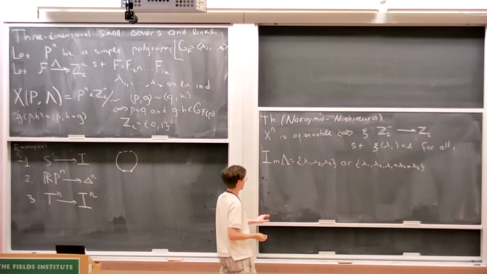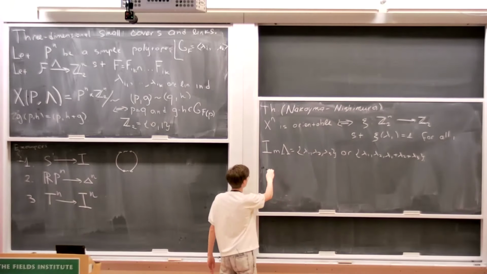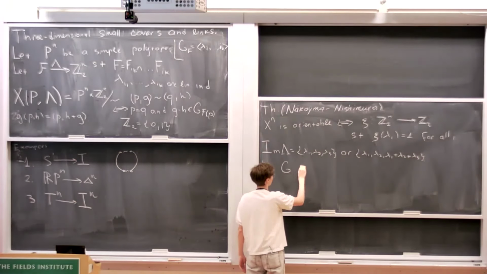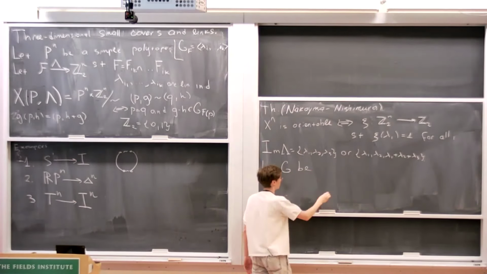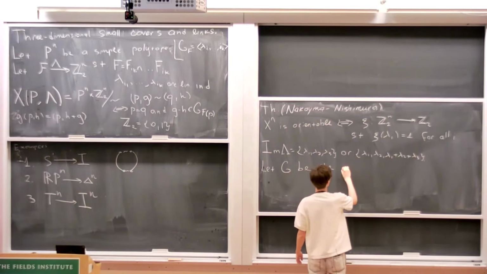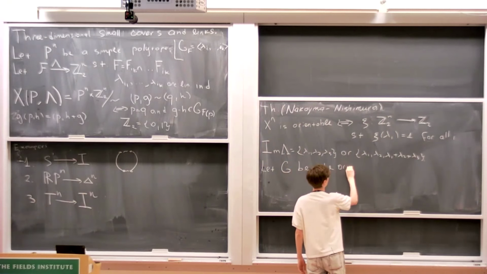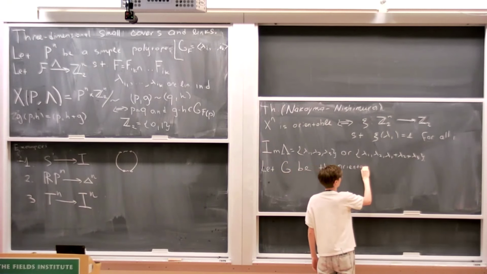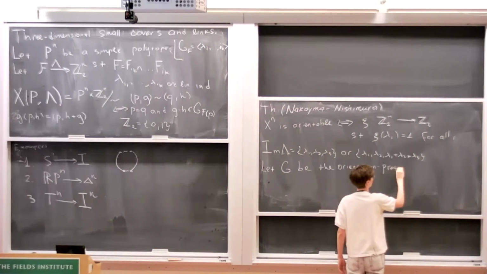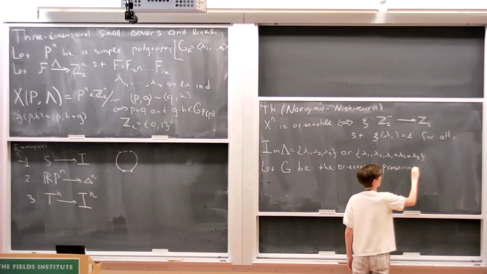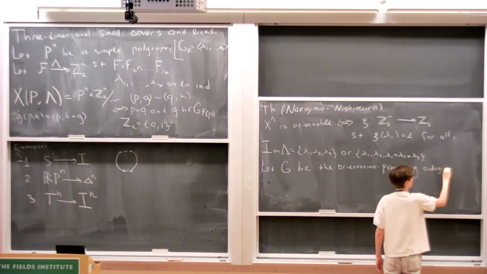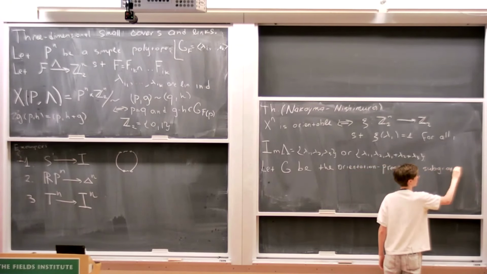And also, let's introduce more notation. Let G big be the orientation preserving subgroup of the acting torus. So we consider all elements which preserve the orientation.